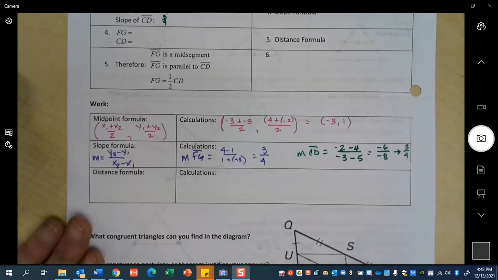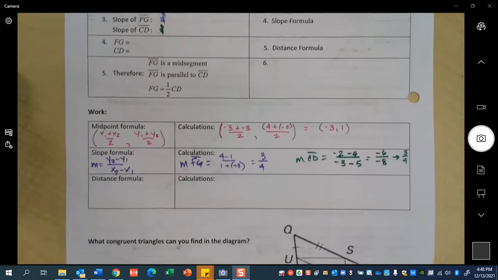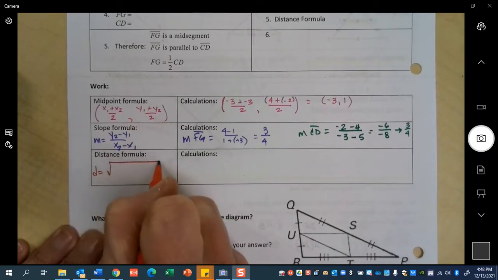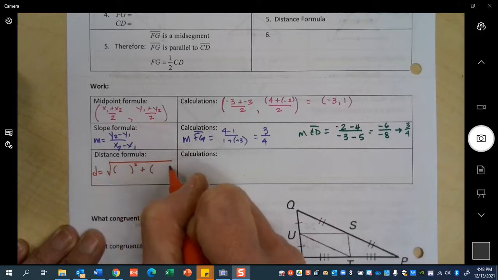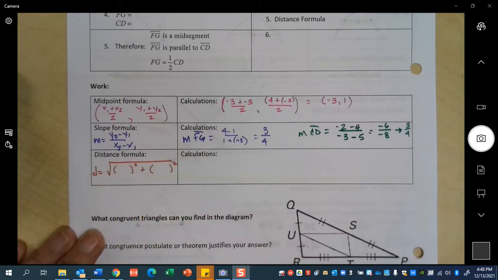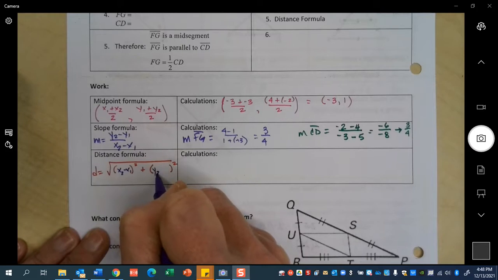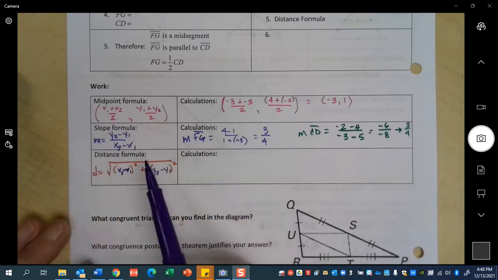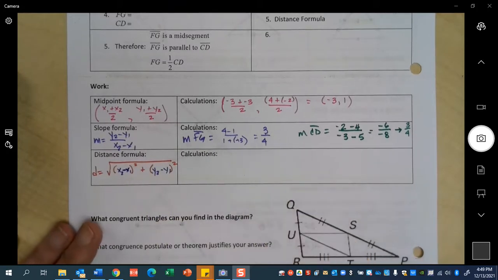All right, now let's talk about the distance from F to G. My distance formula is, my distance is equal to the square root of the difference of my x coordinates squared plus the difference of my y coordinates squared. So x2 minus x1, y2 minus y1. What's nice is if I've already done slope, I already have those values right here.